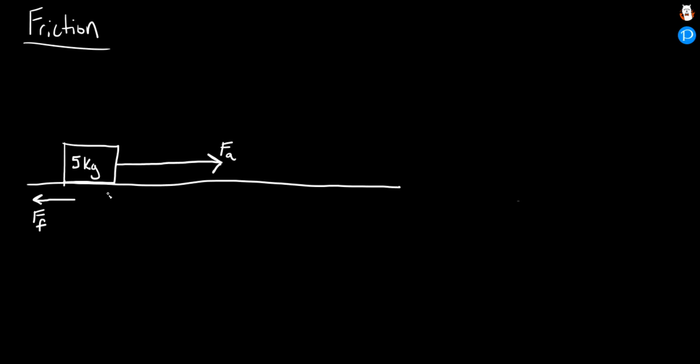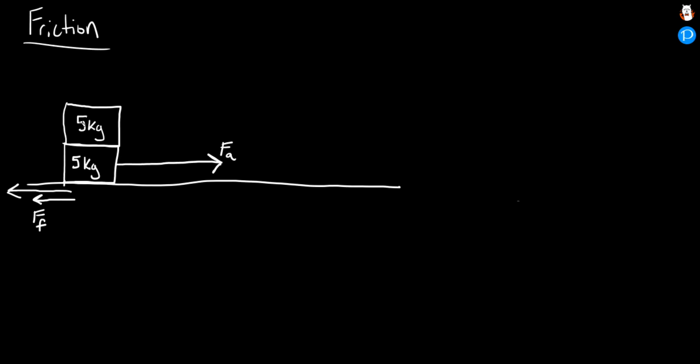One thing you might think, and you'd be correct, is that if I add some weight, let's say I add another block of 5 kilograms on top, that's definitely going to increase the amount of friction between this block and the floor.